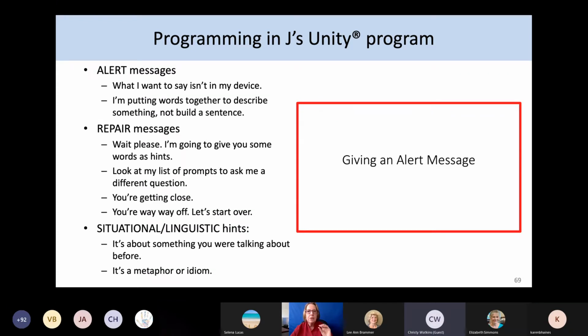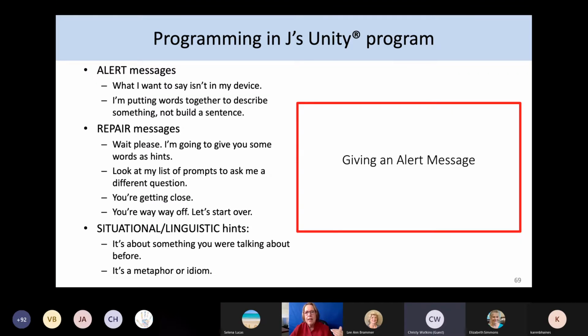Because communication partners, when Jonathan is saying something like team, team, team, weekend fun, they don't realize he's not making a sentence. They're going to try to put that in a grammatical order, but he's not making a sentence. He's giving a definition.